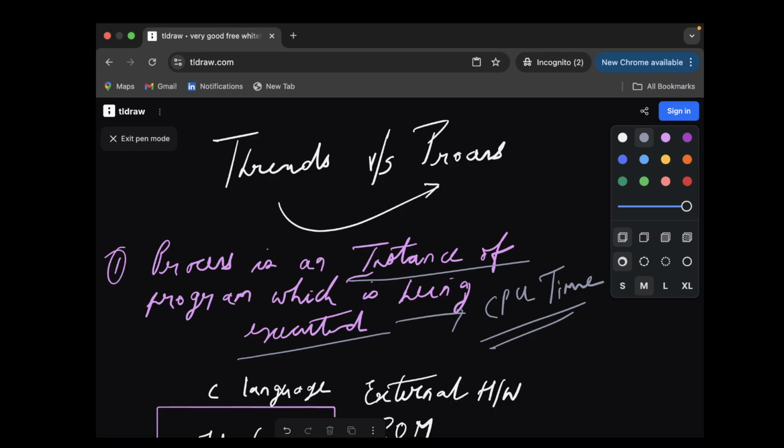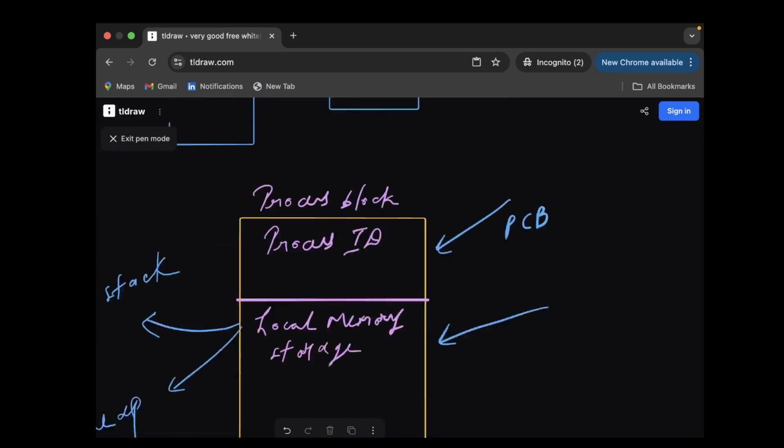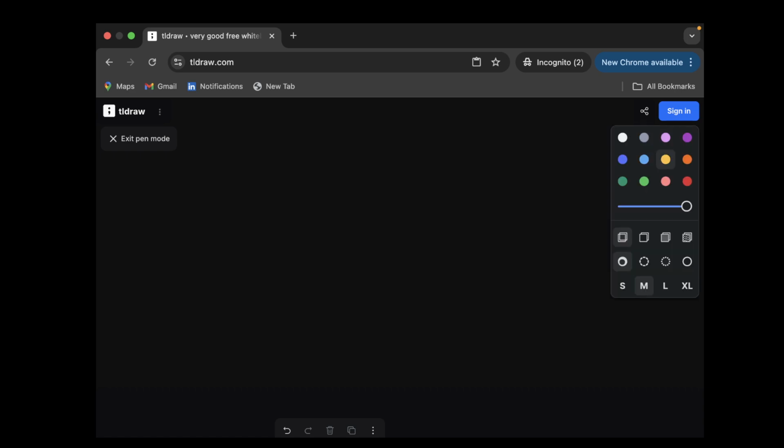Now let's see what we mean when we say threads, right? Let's come back to something called threads. What do we say threads are? A thread is basically the smallest unit of execution within a process.